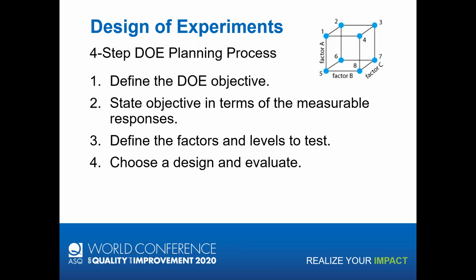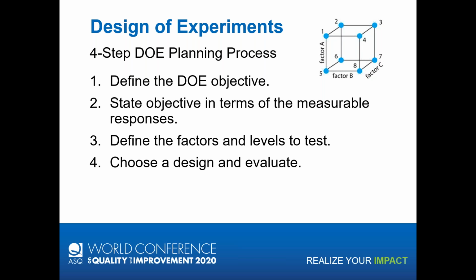So the first thing, this is all good engineering topics. Always have to say, write down your objective. What is the goal of your experiment? I get many people sending me a question, hey, I have 4 or 5 factors I want to study.